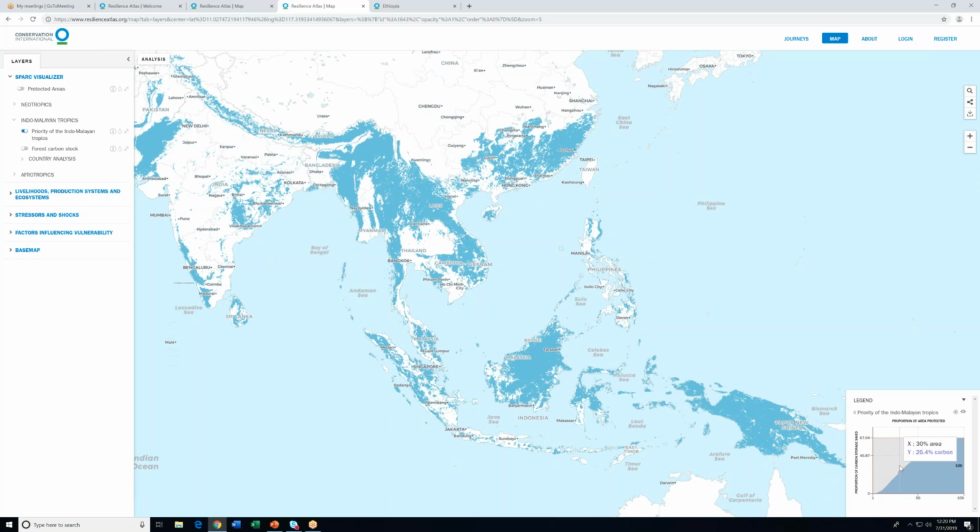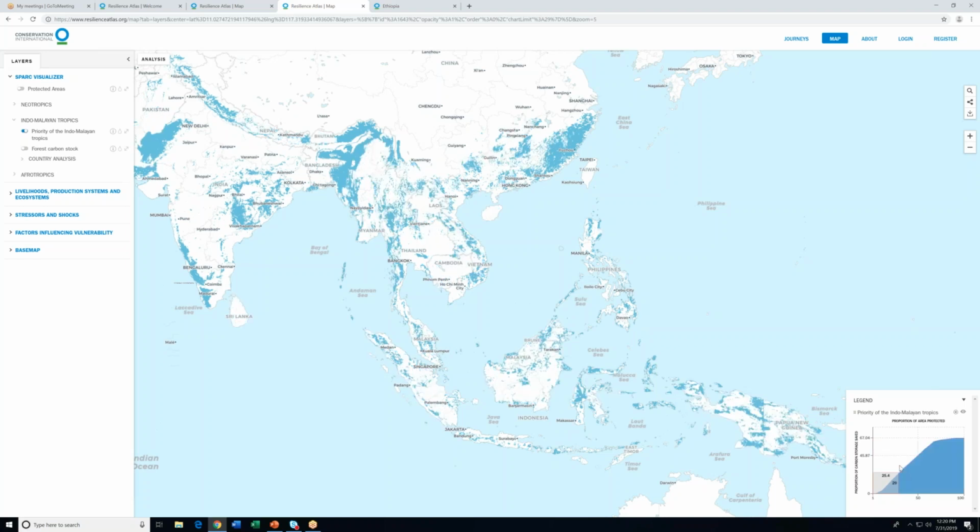So Monica's hovering over the little graph at the bottom right, where the x-axis is the total area in terms of percentage terrestrial area, and the y-axis is the total carbon stock that's also within that same area. So Monica's on roughly 29% area right now. So the areas in blue are what every country would need to do individually to achieve that 29% terrestrial area coverage using the priorities from the Zonation solution.